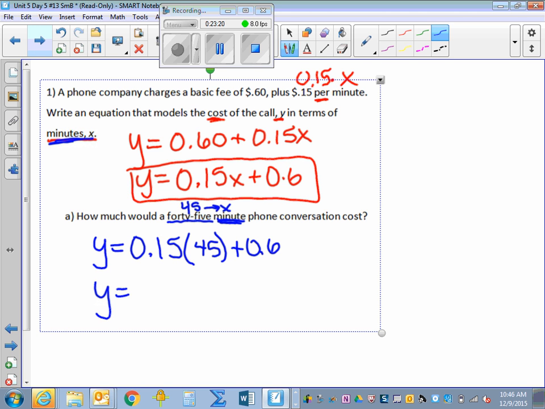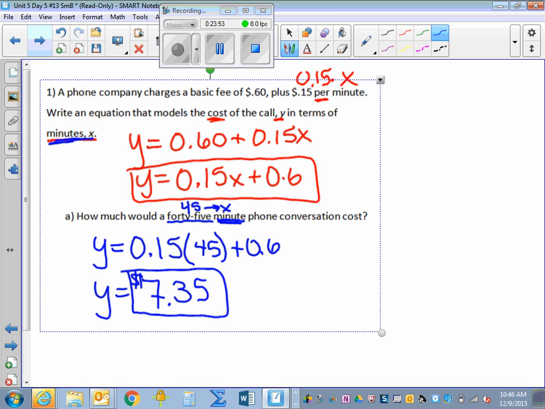That's $7.35. And we always label our answers here. So $7.35 is the total amount it's going to cost.